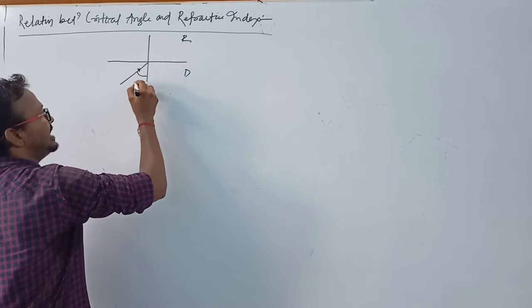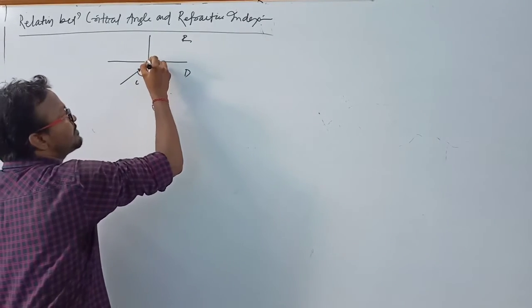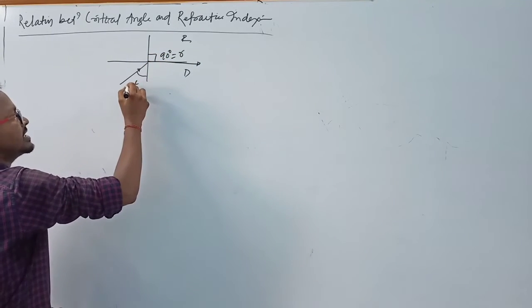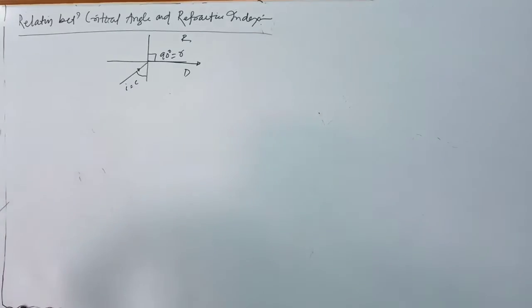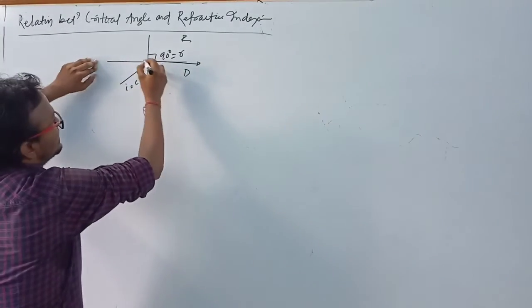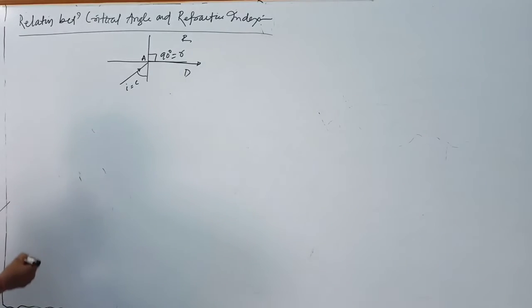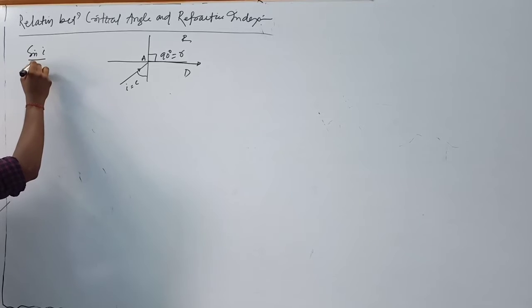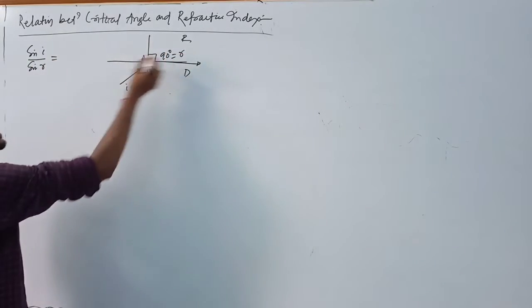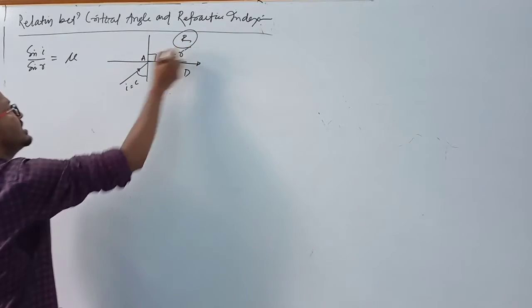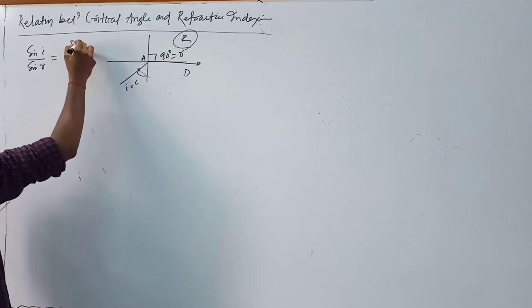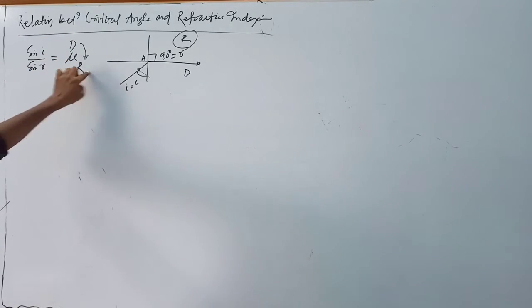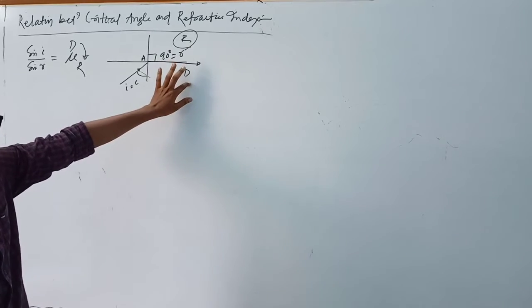Suppose this angle is the critical angle C. At that time the angle of refraction is equal to 90 degrees, equal to R. This is the angle of incidence I equal to C. So if we use Snell's law at this interface, this point A, we can write sine I by sine R, which is equal to the refractive index of the second medium, the rarer medium, with respect to the denser medium, denser to rarer, or the refractive index of the second medium with respect to the first medium.